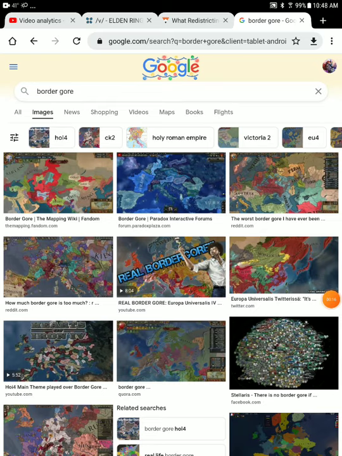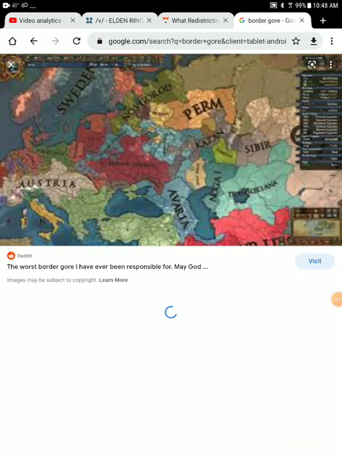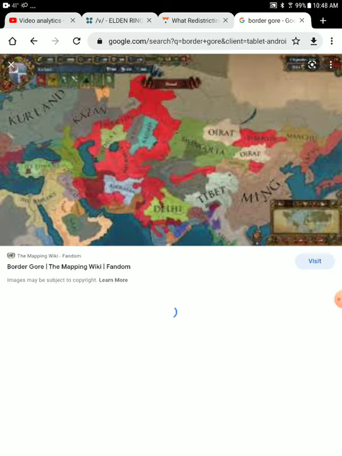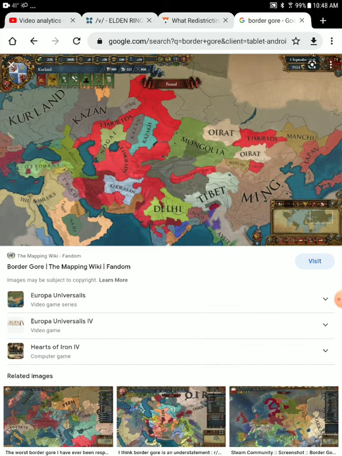So here are examples of border gore in games like EU4. This is an example of border gore in EU4. And stuff like this happens in EU4.